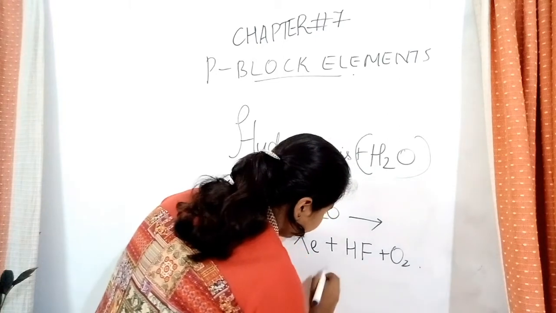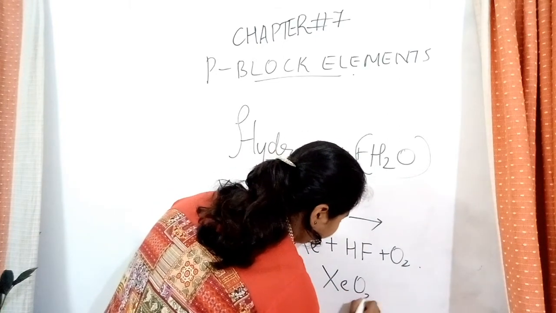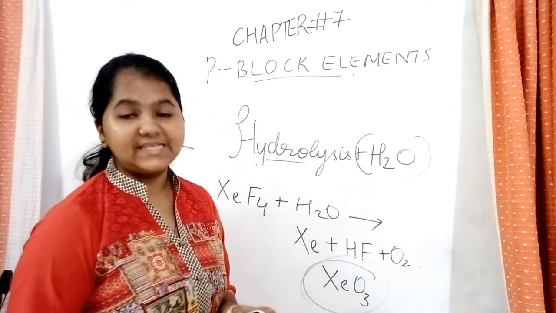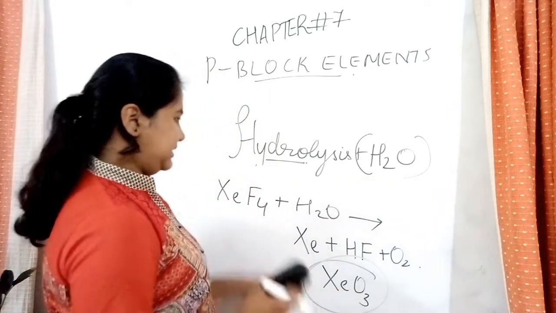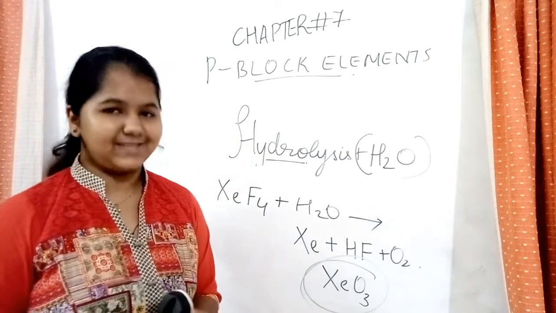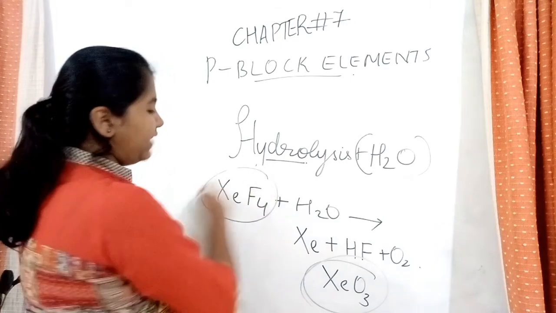That is XeO3. Didn't we say that we would learn about XeO3 before? That is this. The formation of XeO3 is with the hydrolysis of XeF4, and that is why we didn't discuss it before.